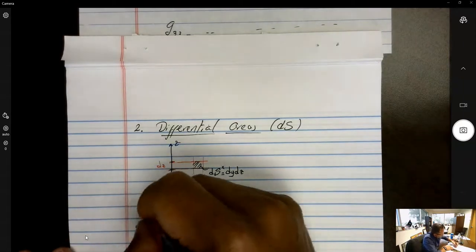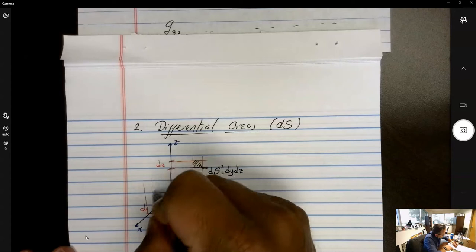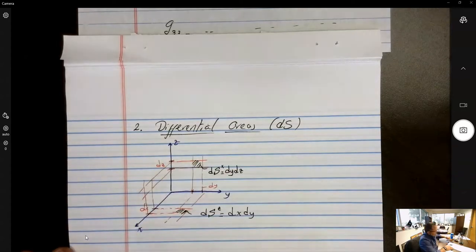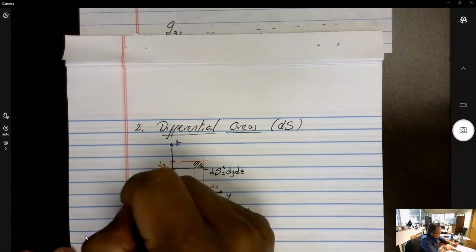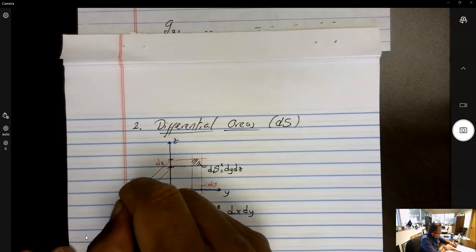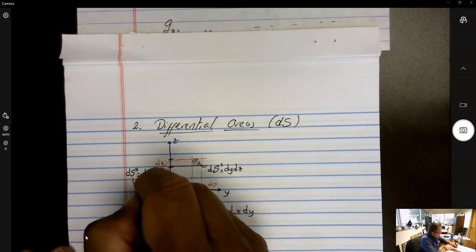And if we want to do this here, that little square here is the differential of surface perpendicular to the y-axis, which is dx dz.